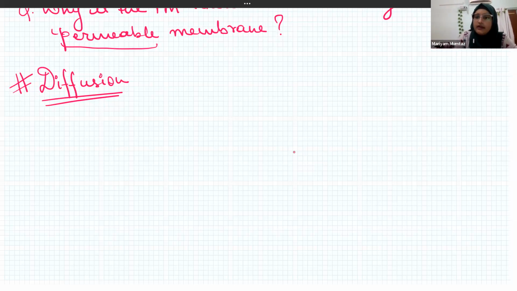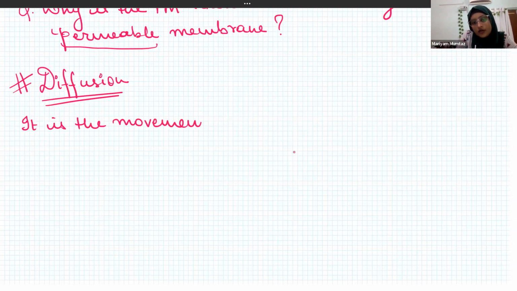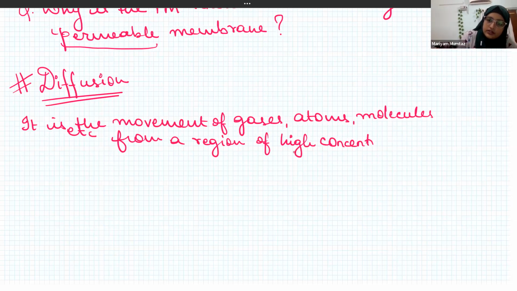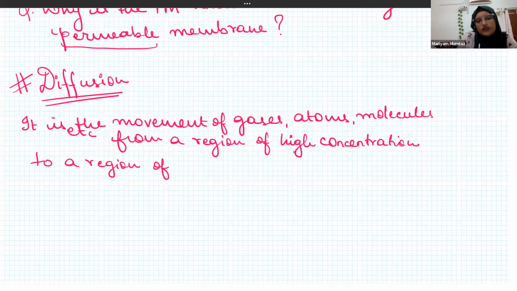Okay. See, write it down. It is the movement of gases, atoms, molecules, etc. from a region of high concentration to a region of low concentration.